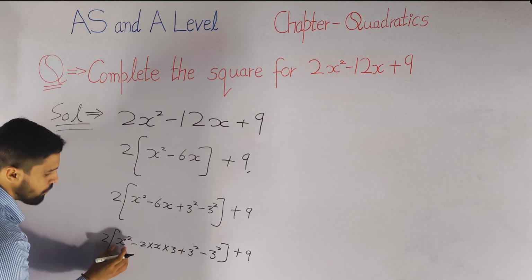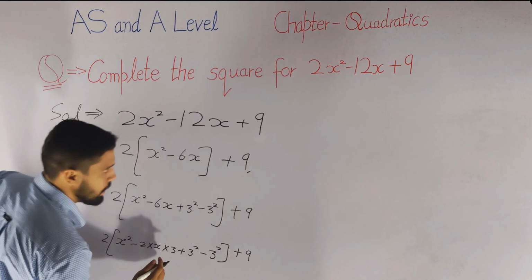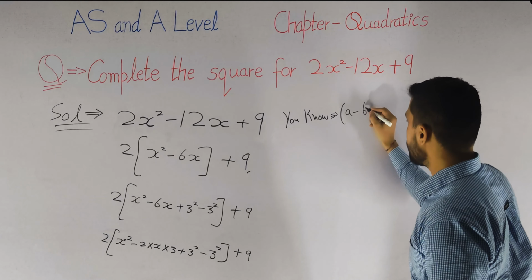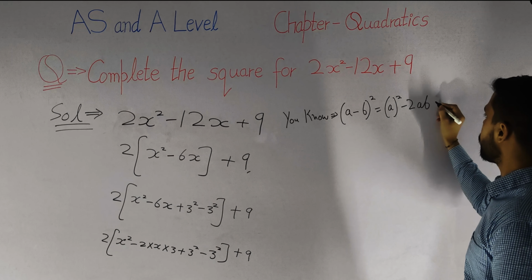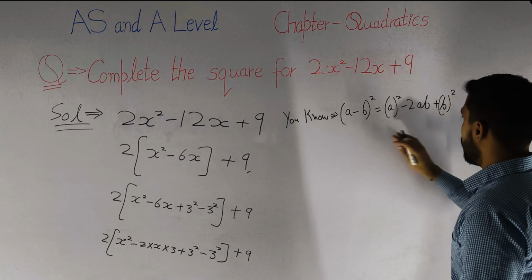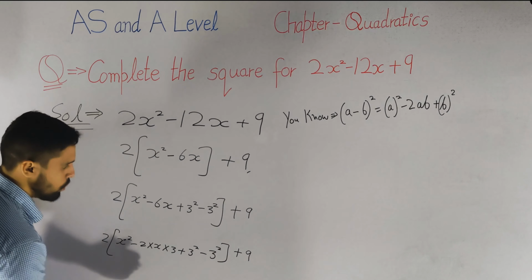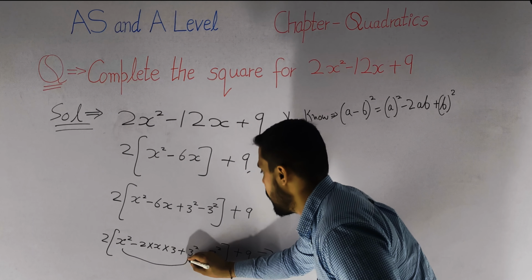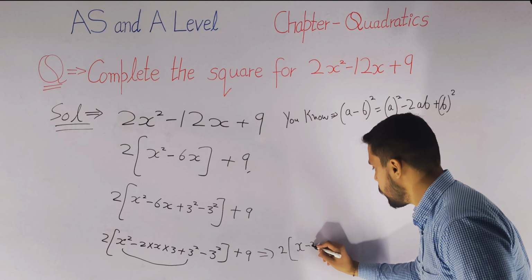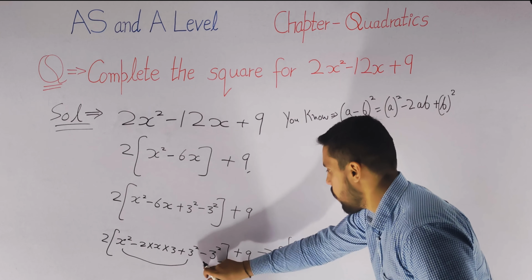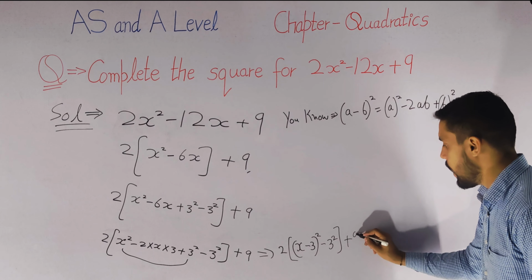You know a minus b whole square is equal to a square minus 2ab plus b square. If we compare this identity with this, you will get this expression as x minus 3 whole square, and write negative 3 square as it is and close the bracket, and write 9 as it is.